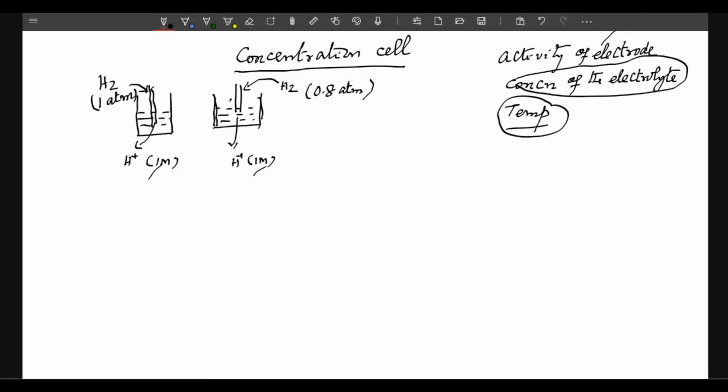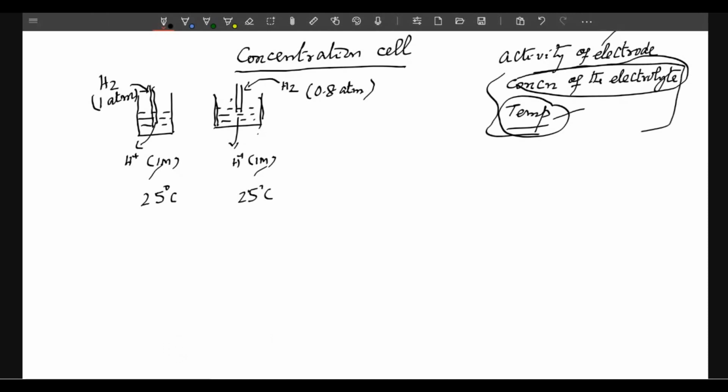Therefore, we are keeping the temperature constant. Here it is 25 degrees centigrade, and the anode compartment is also 25 degrees centigrade. Two conditions are maintained, but one condition, the activity of the electrode, is not maintained. If it is not maintained, will there be a difference in the electrode potential or cell EMF?